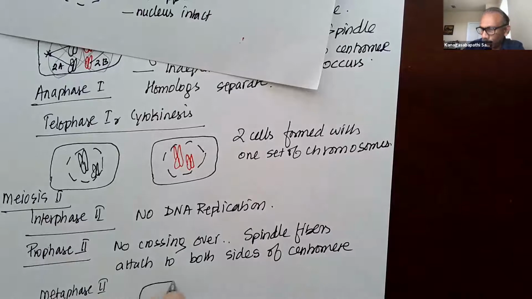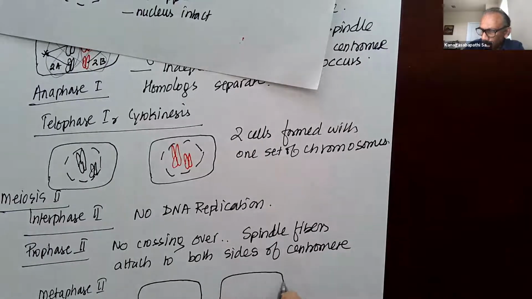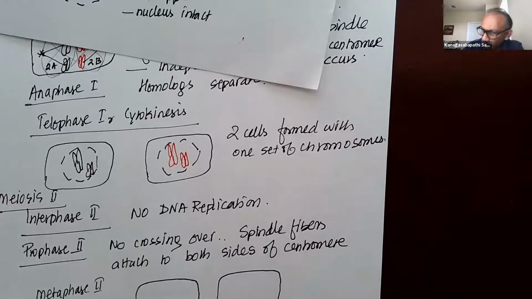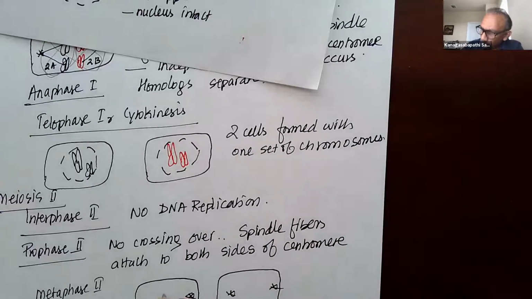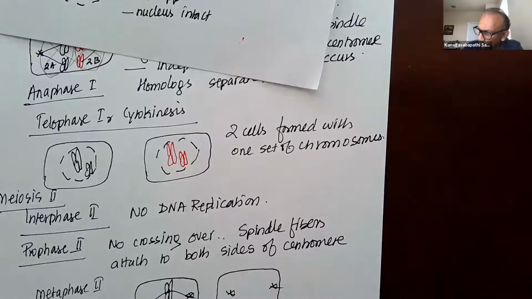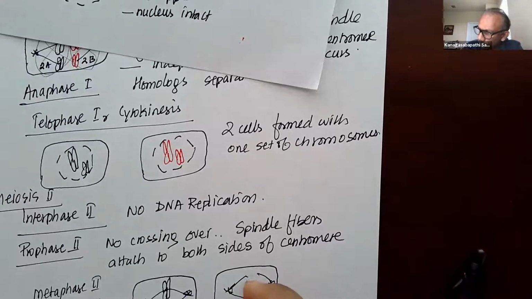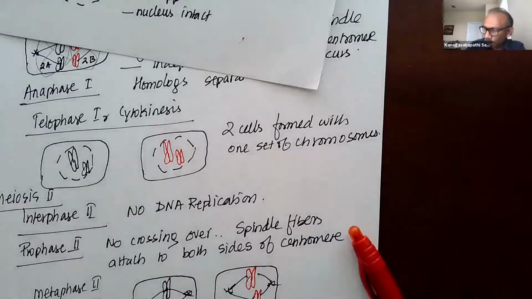So you have 2 cells, and here are the spindle fibers, and the chromatids are going to be separated. And so now you can see that. Let me put the lines here. So the chromatids line up in the middle.